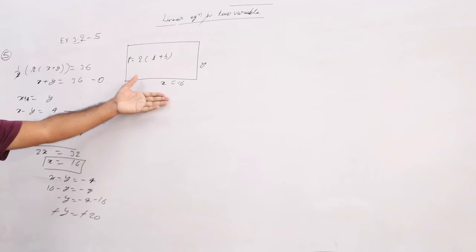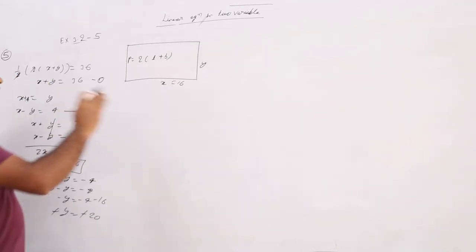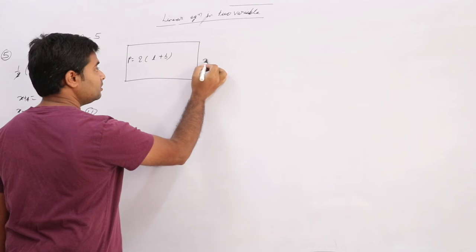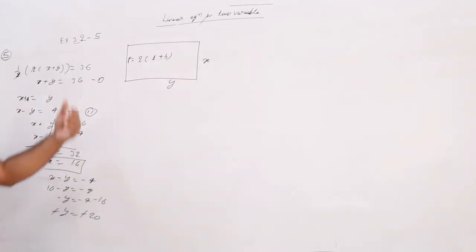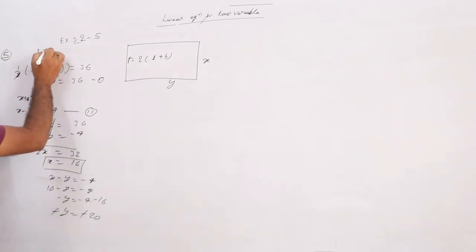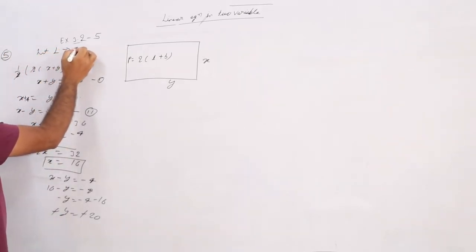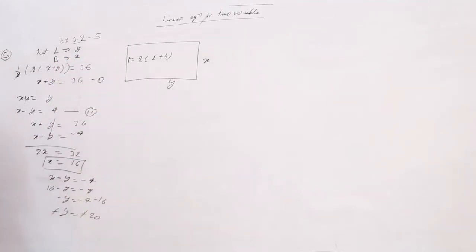We should get length as 20 and breadth as 16. Do one thing. Change the notation only. Right? Let length be y, breadth be x. Correct?